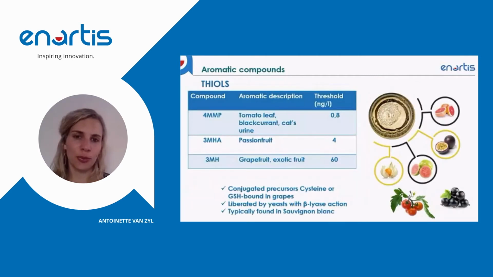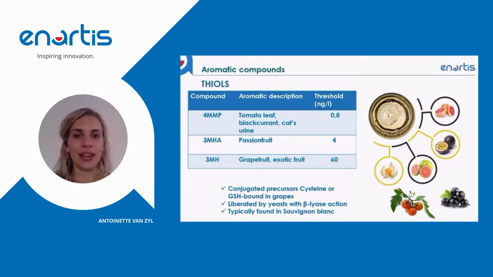A third group of aromatic compounds are thiols, very largely researched over the years. They are almost synonymous with some Sauvignon Blanc. They can come from conjugated precursors that are cysteine or glutathione bound in grapes.